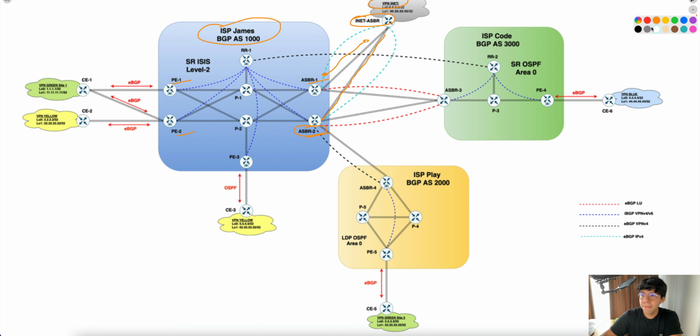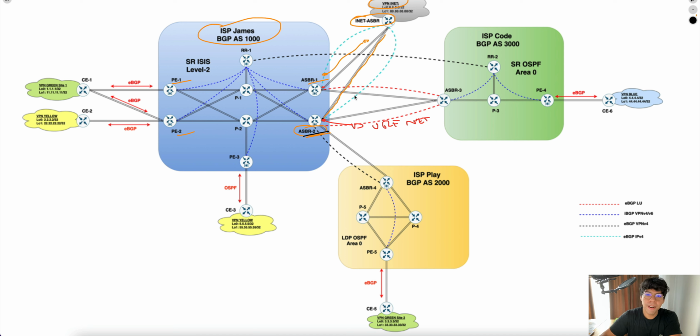Now, ASVR2 has a particular difference. The interface that goes to the ENET ASVR is under a VRF INET, right? ASVR1 has this interface over the default global routing table, so it's not quite useful in our example, but ASVR2 has that interface over a VRF.